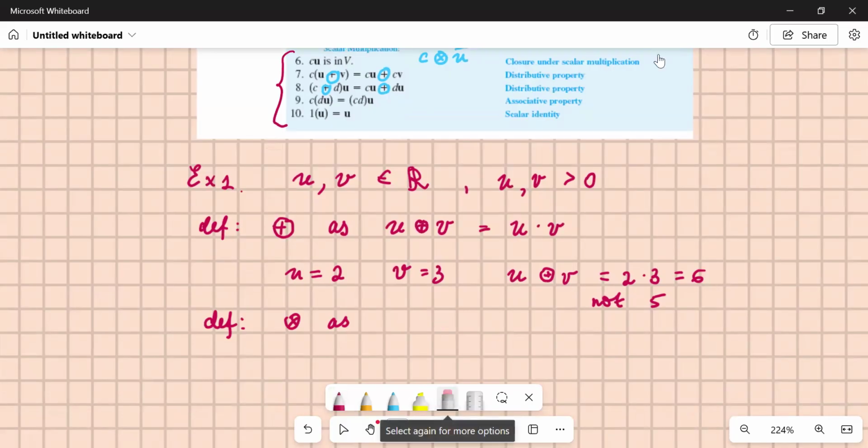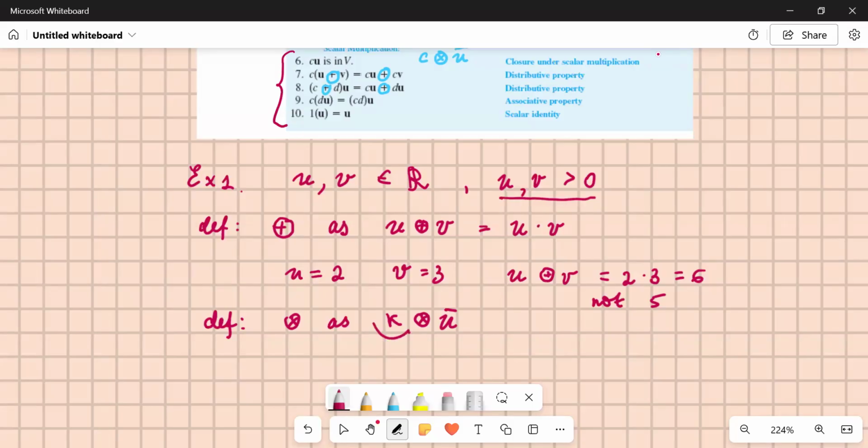I'm going to use the letter k for a scalar. k, scalar multiplication by u. So here k is a real number, and u is a vector from this vector space. And it's also a real number, just these real numbers can be only positive.